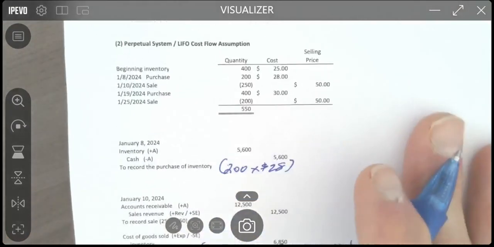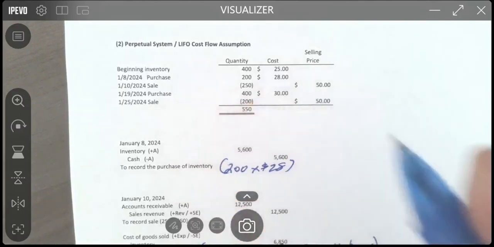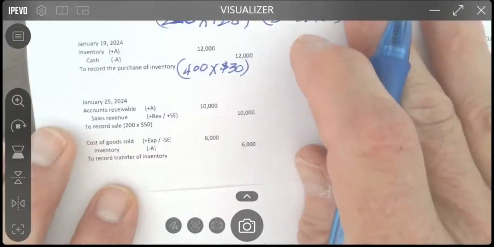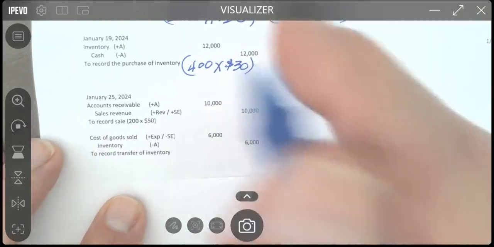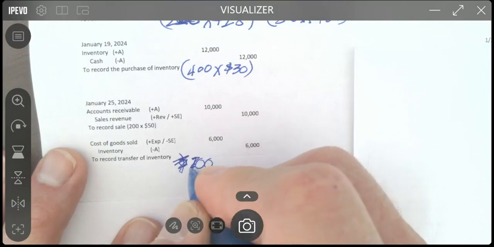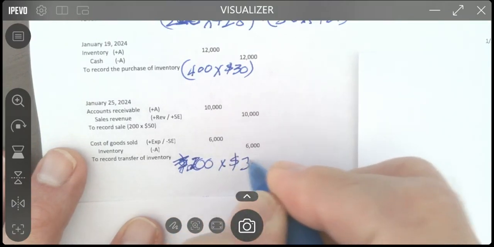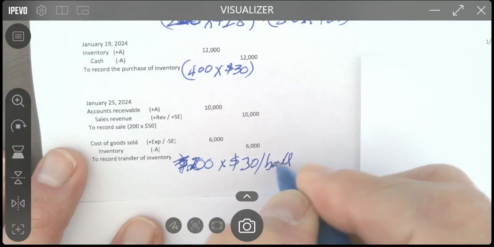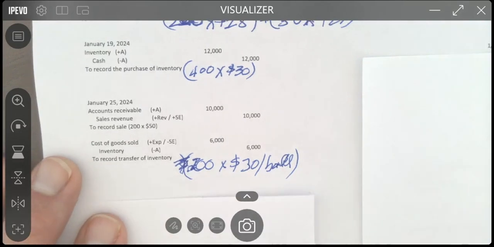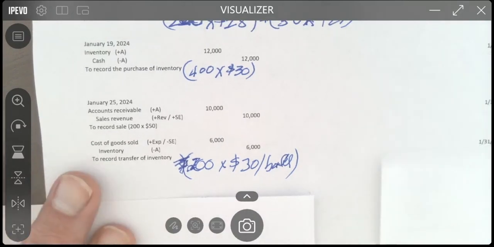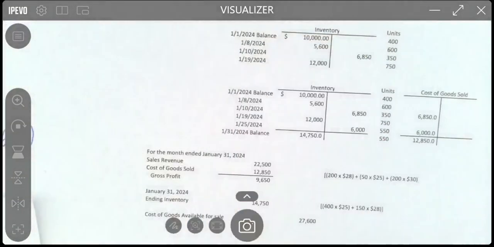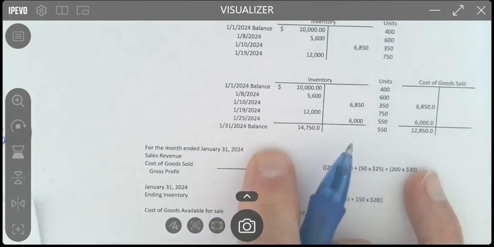And so under last in, first out, we assume they are those most recent purchases. 200 balls times 30 per ball. We assume they're from that January 19th purchase. And so now our ledger looks like this, and our financial statements are shown below.